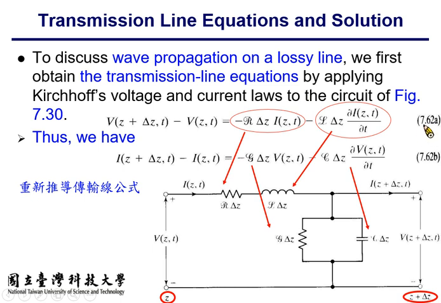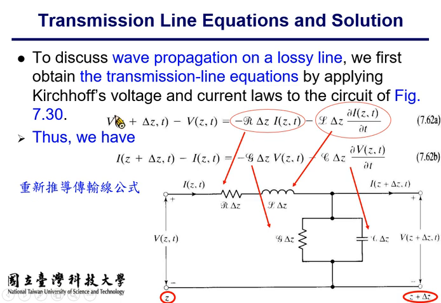So equations 7.62a and b are the transmission line equations from the perspective of voltage and current. From the perspective of voltage, the voltage difference between the right-hand side and the left-hand side will be the voltage accumulated on the inductor and the voltage accumulated on the resistor.